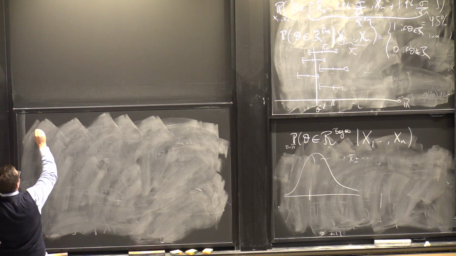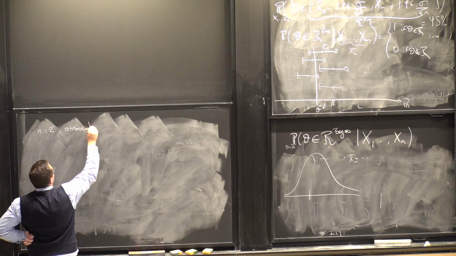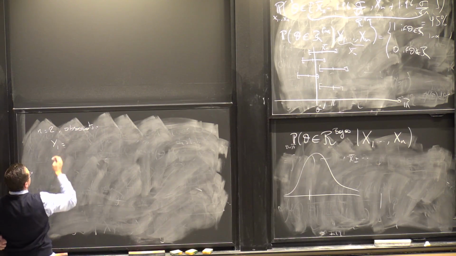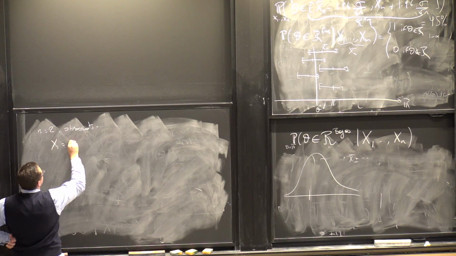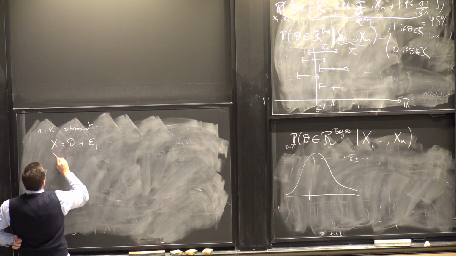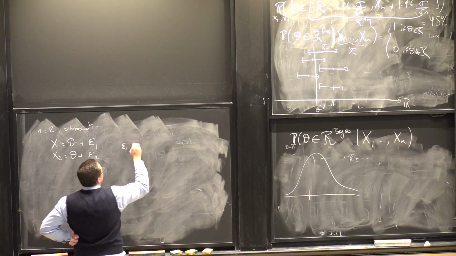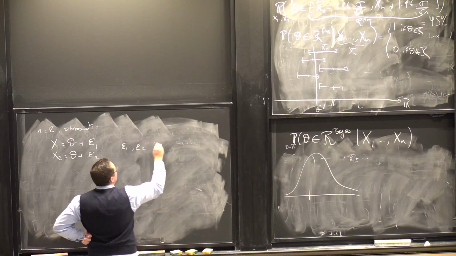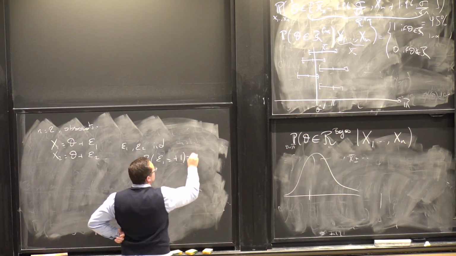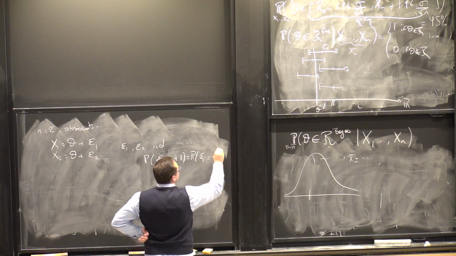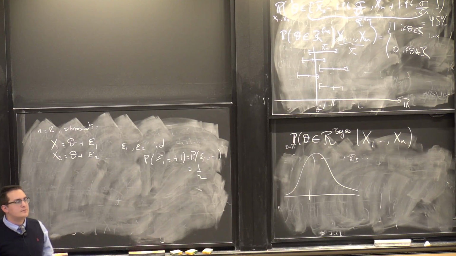Assume that you have n equals 2 observations, x1, which is theta plus epsilon 1, and x2, which is theta plus epsilon 2, where epsilon 1 and epsilon 2 are IID, and the probability that epsilon i is equal to plus 1 is equal to the probability that epsilon i is equal to minus 1, which is 1/2. So it's just the uniform sign, plus or minus 1.